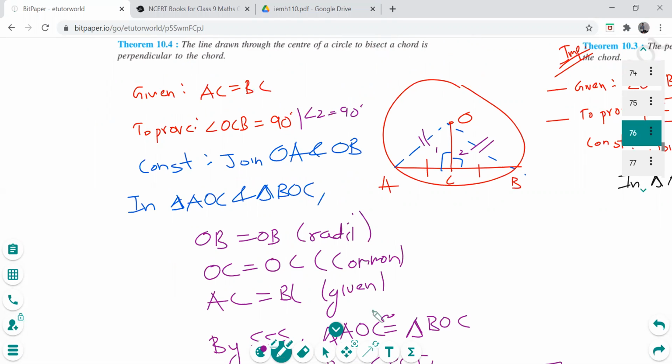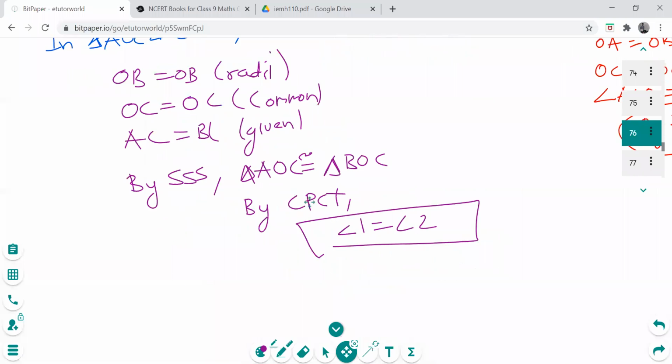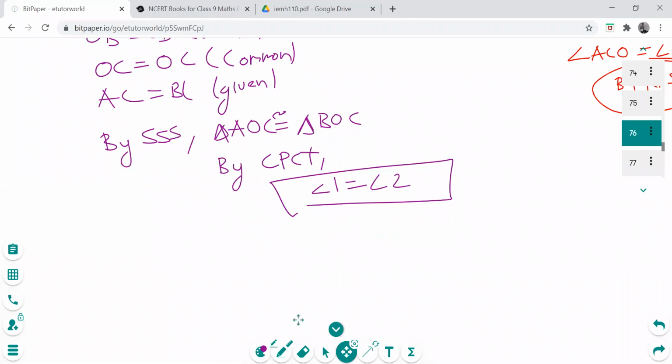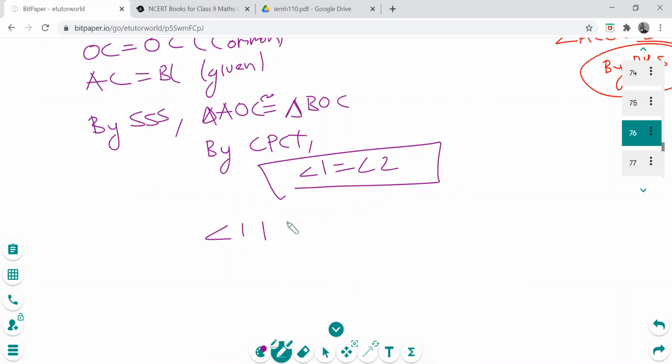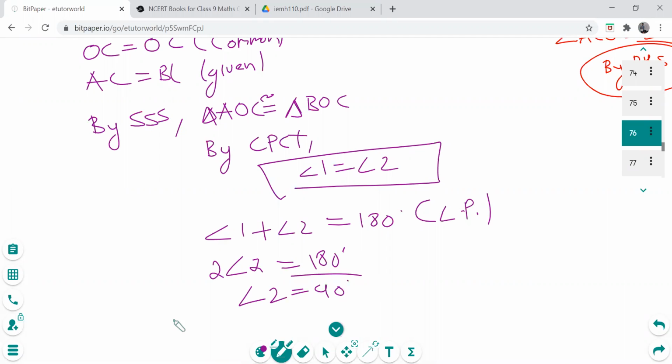You can take angle 1 or angle 2, whatever you want, because you will get 90 either way. If I add these two using linear pair, since both are equal, I can make it twice of angle 2. So angle 2 will be 90 and we are done, right? Make sense, everyone? Good, really easy, right?